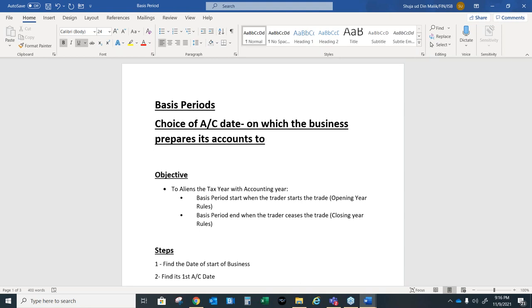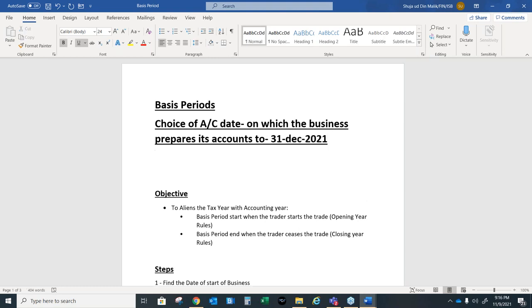Like for example, if a person is preparing its accounts till 31st December 2021, then 31st December 2021 will be the accounting date. If a business chooses its accounting date as 6th April, the examiner often refers to it as tax year end.